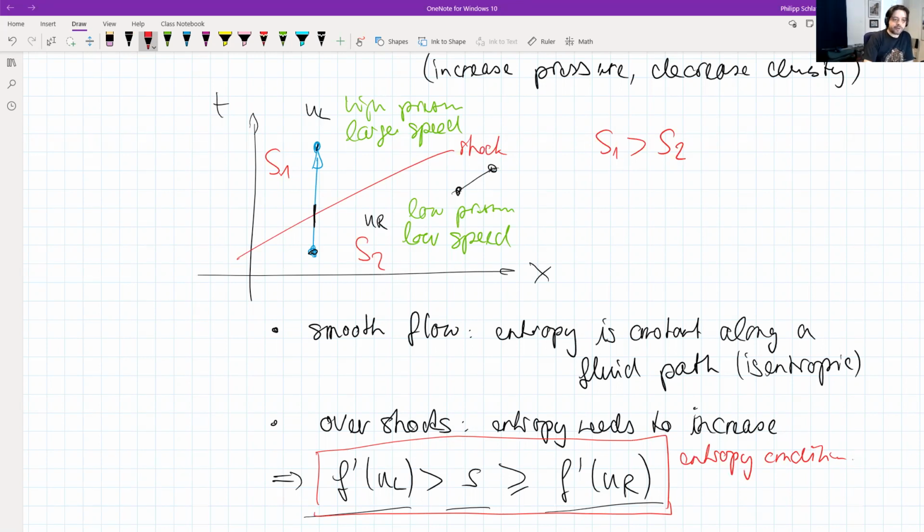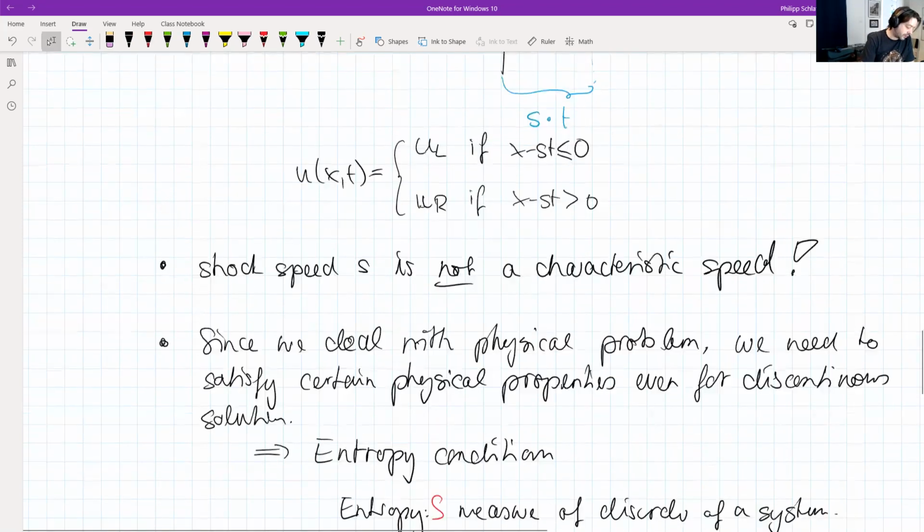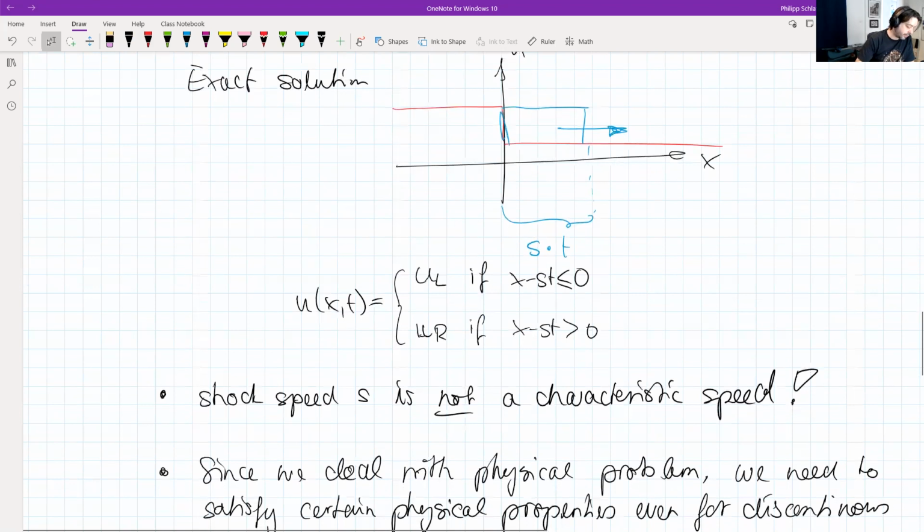Now, having said all of this, let's check whether this entropy condition holds for the solution that we have just derived here for the Riemann problem.